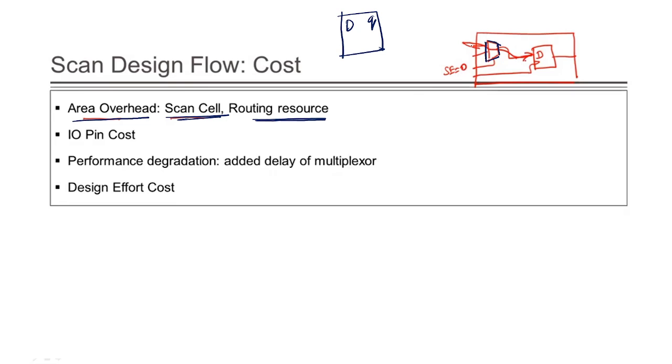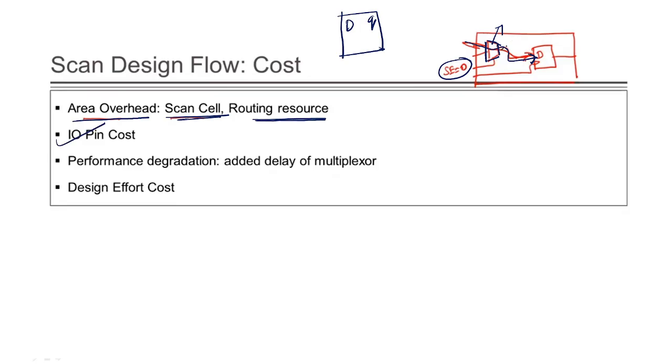When SE equals 0, this one more mux adds complexity, meaning routing: the connections between here and here. Routing also increased, and you added scan cells. So this is the area overhead for the scan design flow. Then IO pin cost.